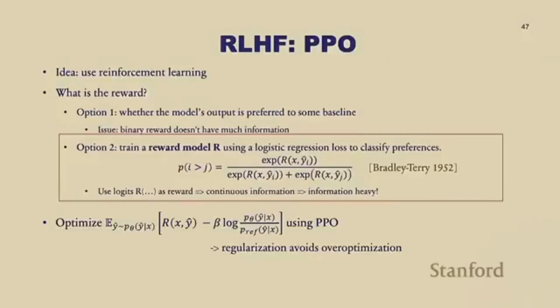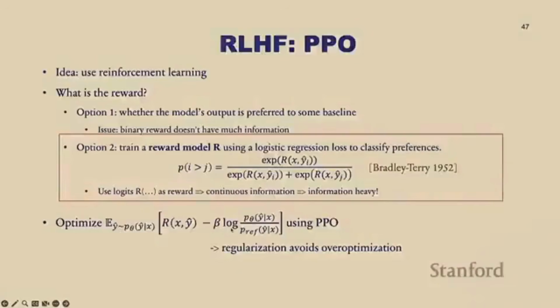Great. So as I just said, continuous information is better. So that's what people use in practice, or at least used to use in practice. I'll tell you about the other algorithm later. So what you do at the end is you basically just use the reinforcement learning that you know about. Now we have our reward. What you sample through is the generation from your large language model.